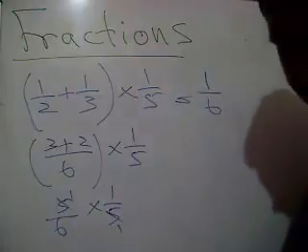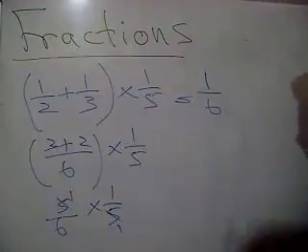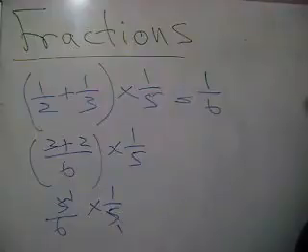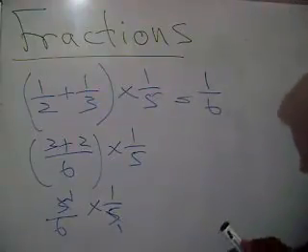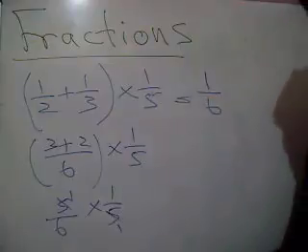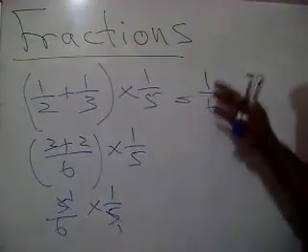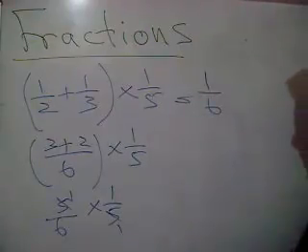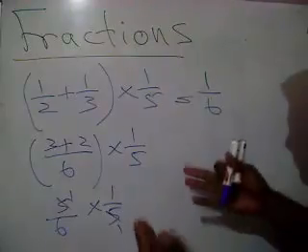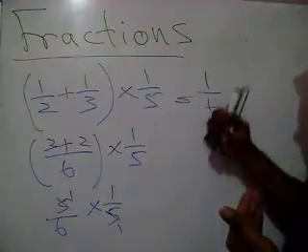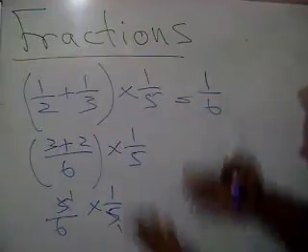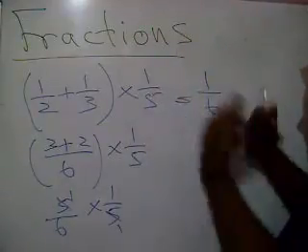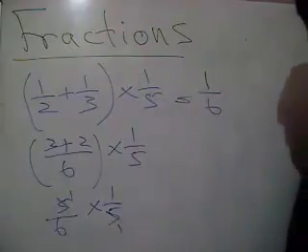So we have 1 over 6 as the answer. Like I said, BODMAS is the rule of thumb: first brackets, then of, division, multiplication, addition and subtraction. That's the order we have to follow.